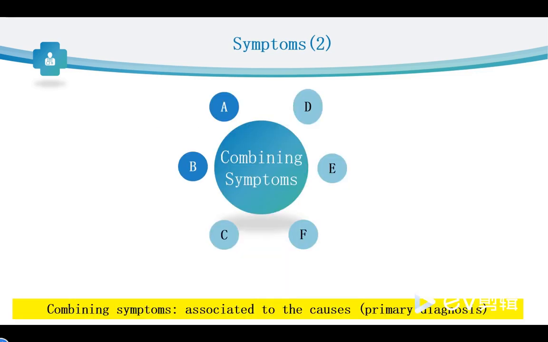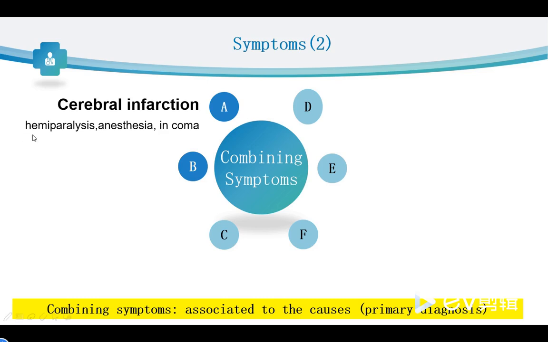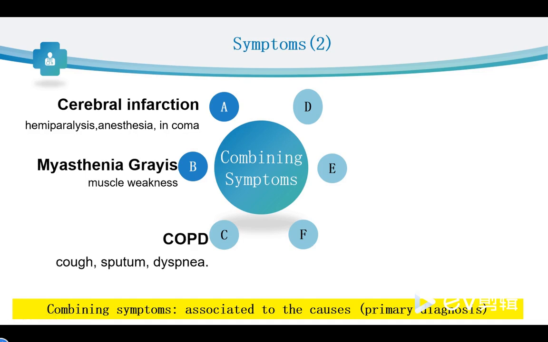The second group of symptoms is called combined symptoms, which are associated with the cause. For example, if the respiratory failure is caused by cerebral infarction, we can also find symptoms of hemiparalysis, anesthesia, or coma in the patient. And if the patient has respiratory failure caused by COPD, they are likely to have cough, sputum, and dyspnea at the same time.